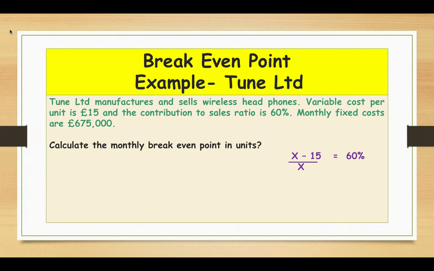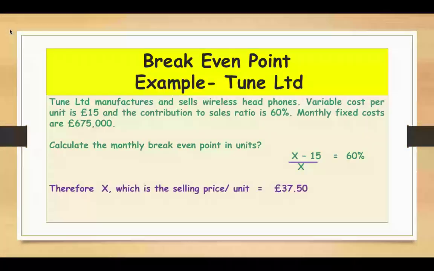Okay, so they have given the contribution to sales ratio. The question is, calculate the monthly break-even point in units. Now, the formula for the break-even point in units is fixed cost divided by the contribution per unit. But here they have given us the contribution to sales ratio.